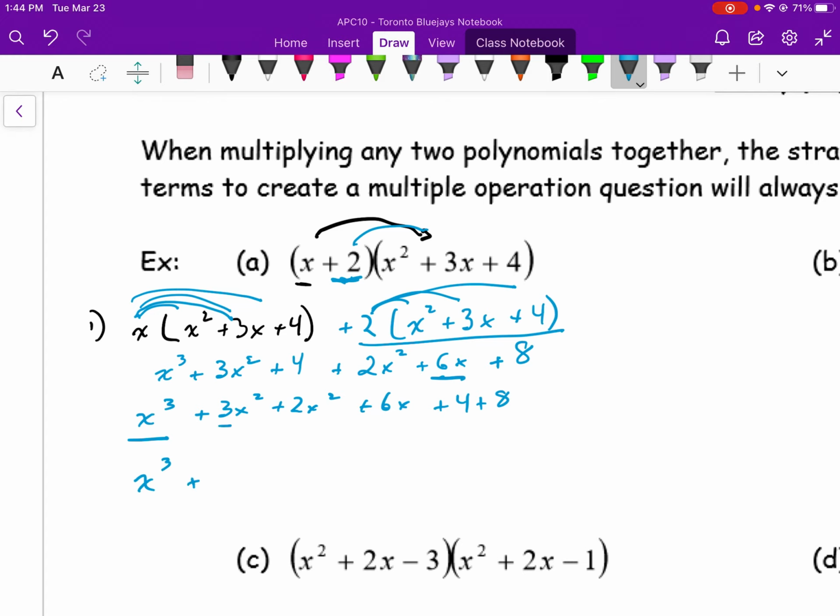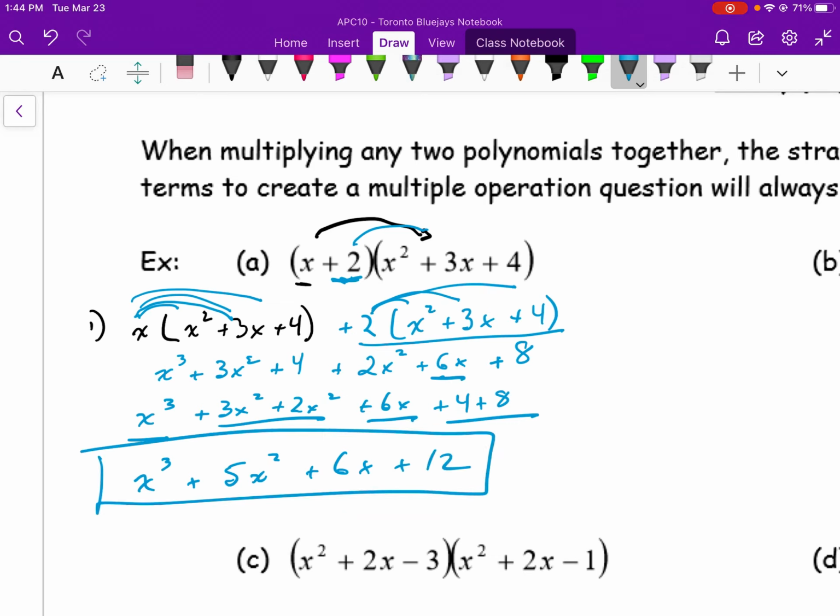And then I noticed that there are two terms that are x squared. So 3x squared plus 2x squared is 5x squared. There's only one term with x, and that would be 6x, and there's two constant terms. So really, this is my solution to the above problem.